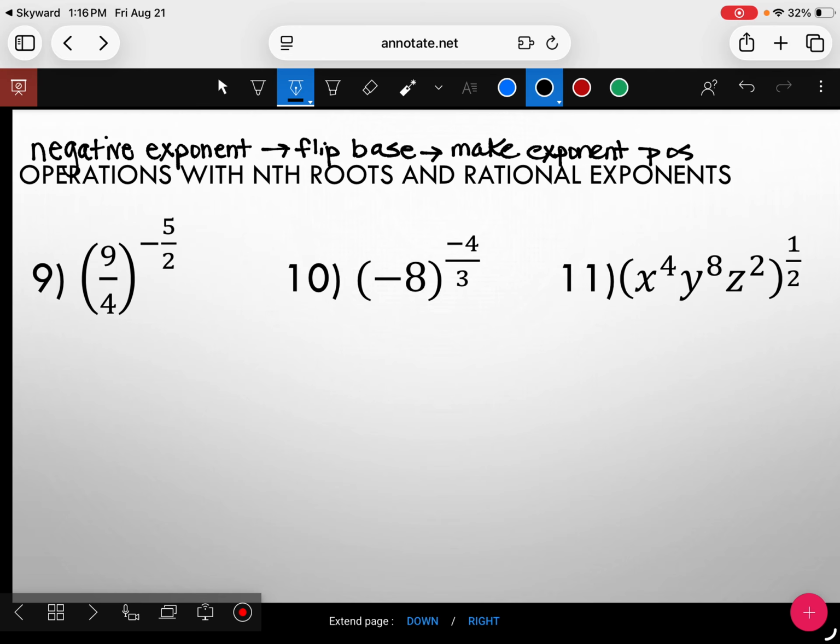This is just the rule going all the way back to Algebra 1. That's how we handle a negative exponent. We take the base, we flip it, and then we change the negative 5/2 to a positive 5/2.